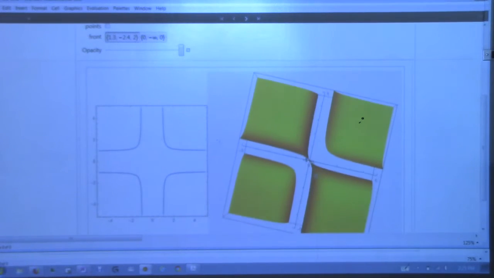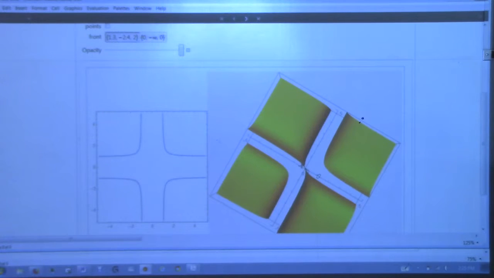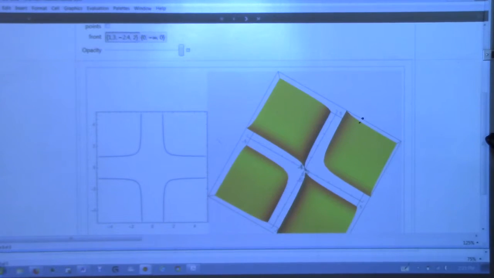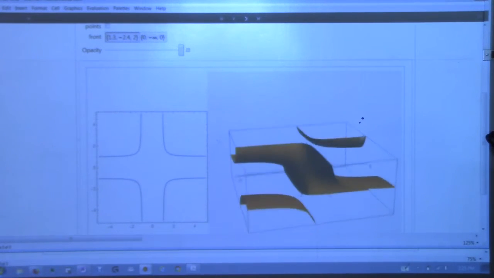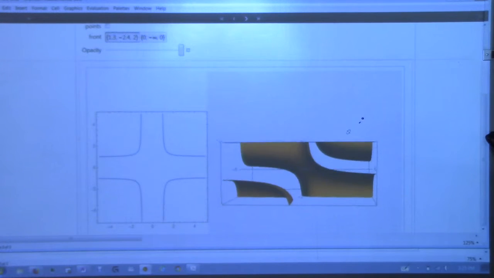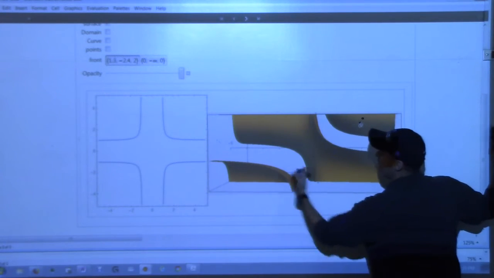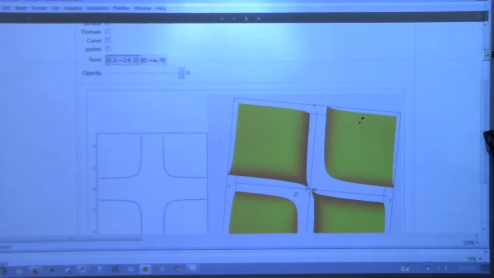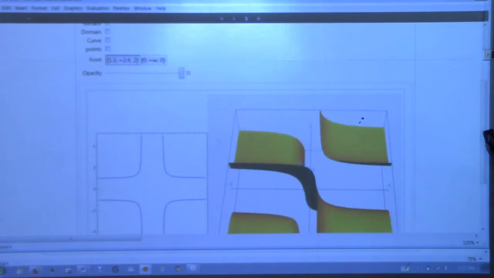So if you look along the axes here, like we're looking from the top along the x and y axes, our function isn't there. But as you approach the x and y axes, you have asymptotes, going up and down. Now you can't tell from this picture, but at 0, 0, it is undefined. You can't tell from the surface.